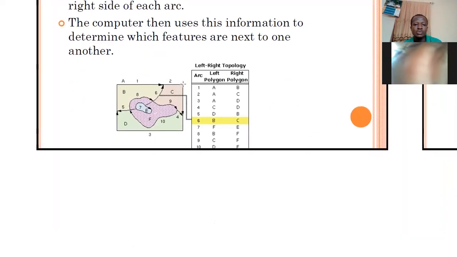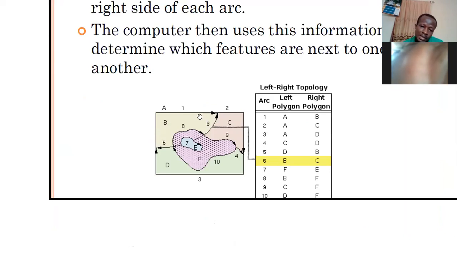When you look closely at arc 1, the left polygon is A and the right polygon is B. How did I get that?